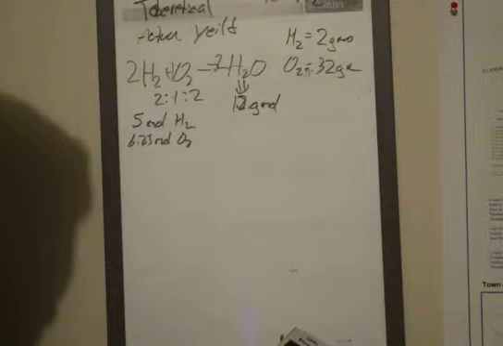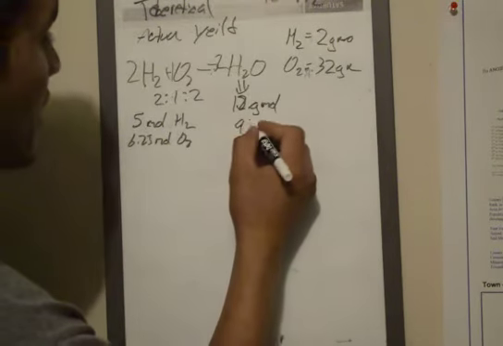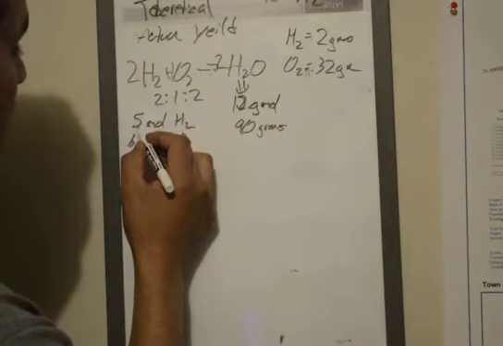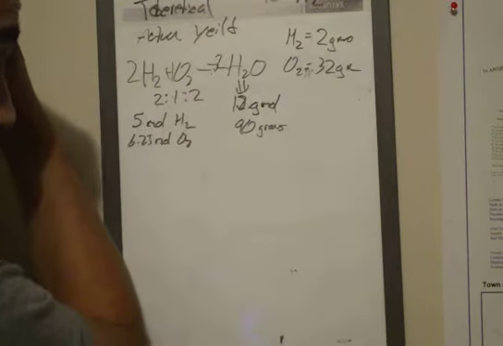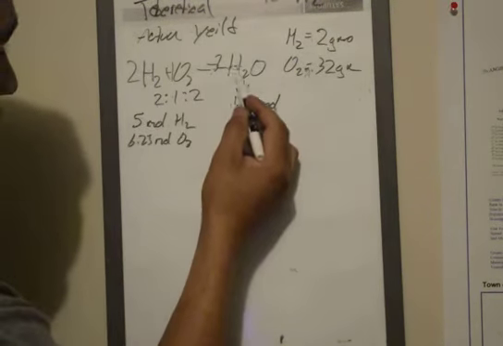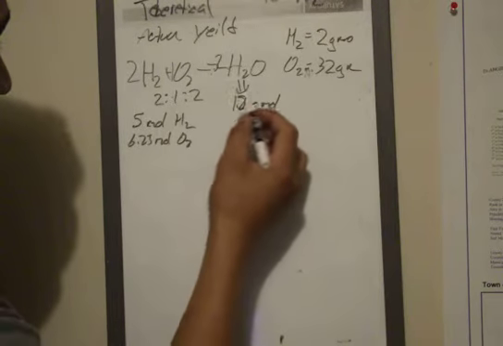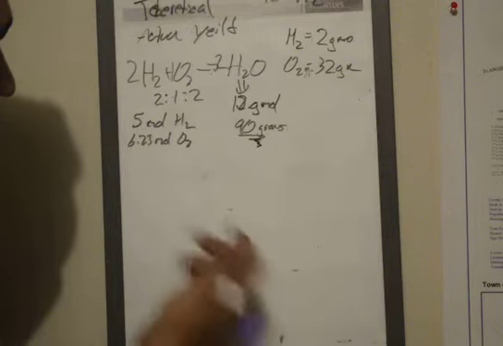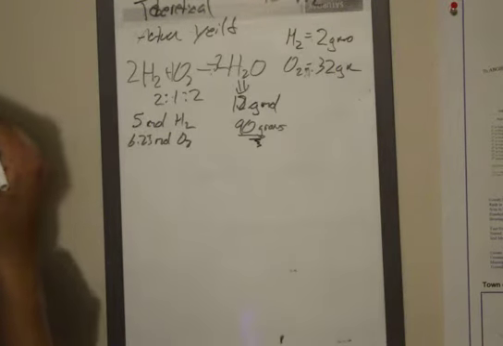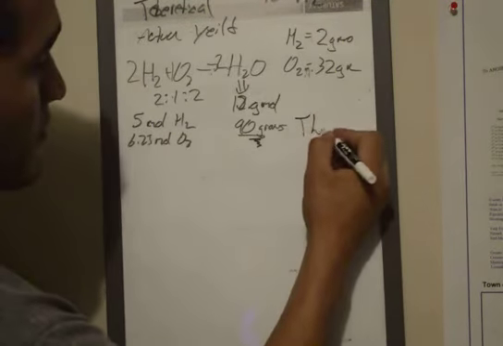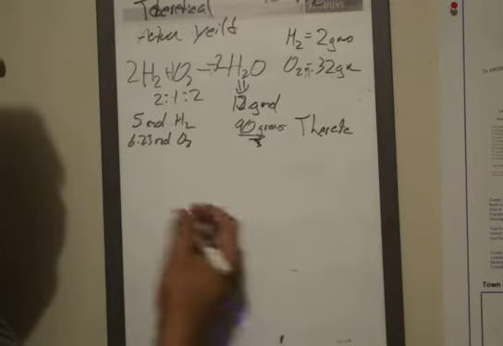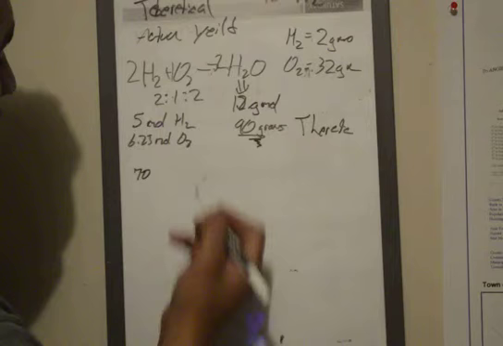5 times 18 is 90 grams. If we start out with 5 moles of H2, we should also get 5 moles of H2O, whose molar mass is 18, so we should end up with 90 grams of water. That's our theoretical yield. Our actual yield might be given as 70.